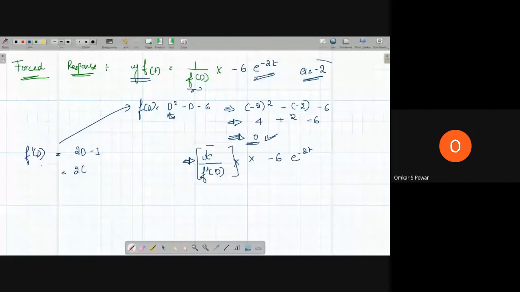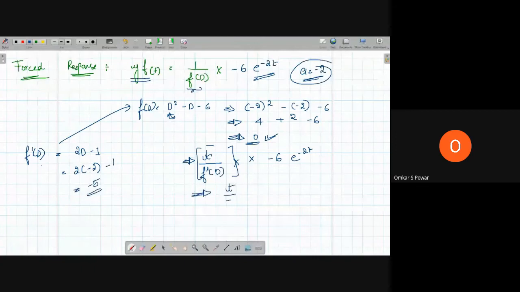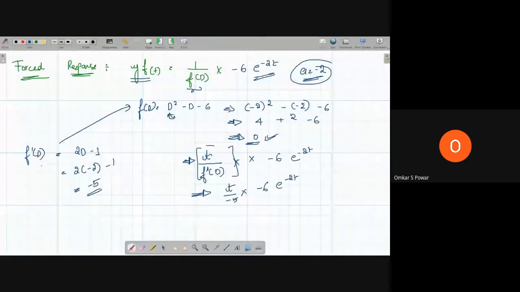Substitute that and you will get minus 5. So what is your forced response? t by minus 5 into minus 6 e power minus 2t. You can simplify and write it as plus 6 by 5 t e power minus 2t.